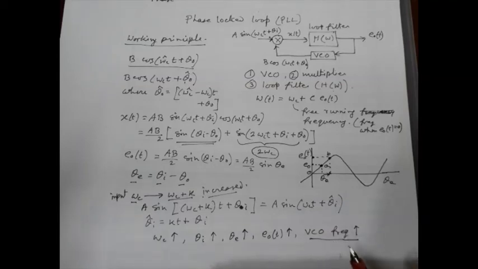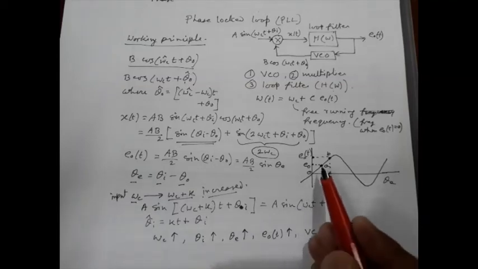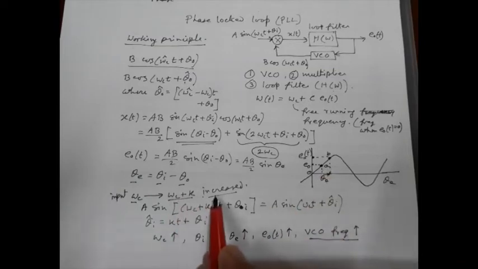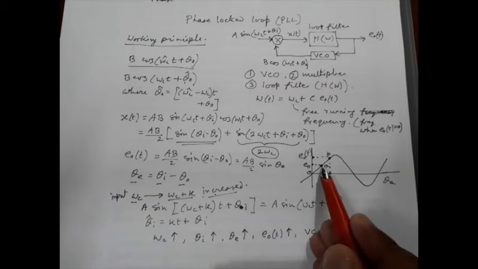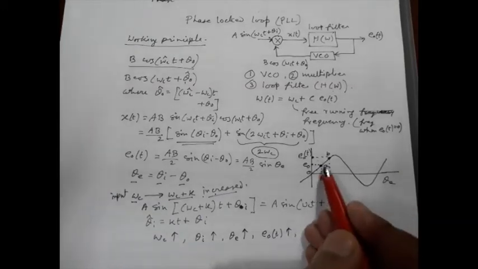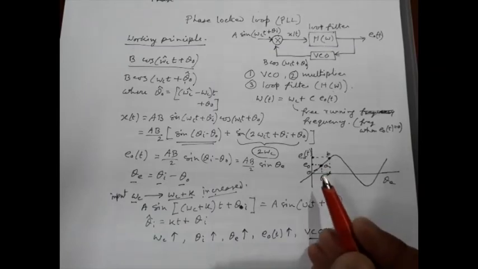A similar thing happens when, instead of increasing the frequency, the input frequency is decreased; in that case the reverse thing will happen. The operating point will shift towards the lower value.